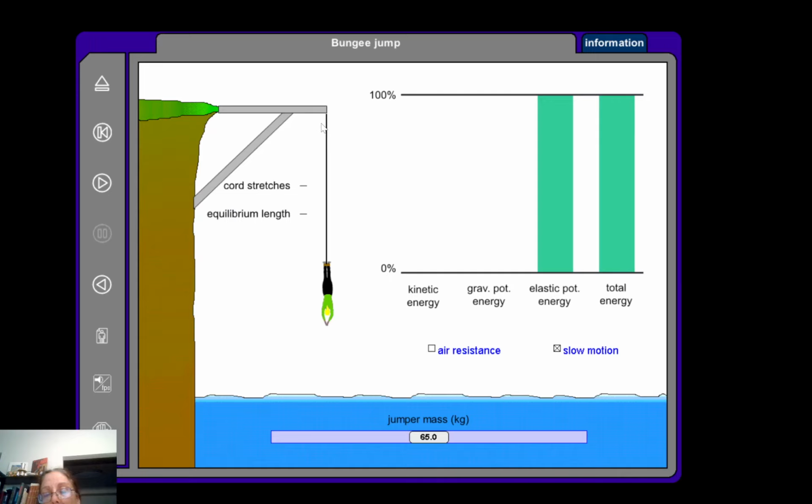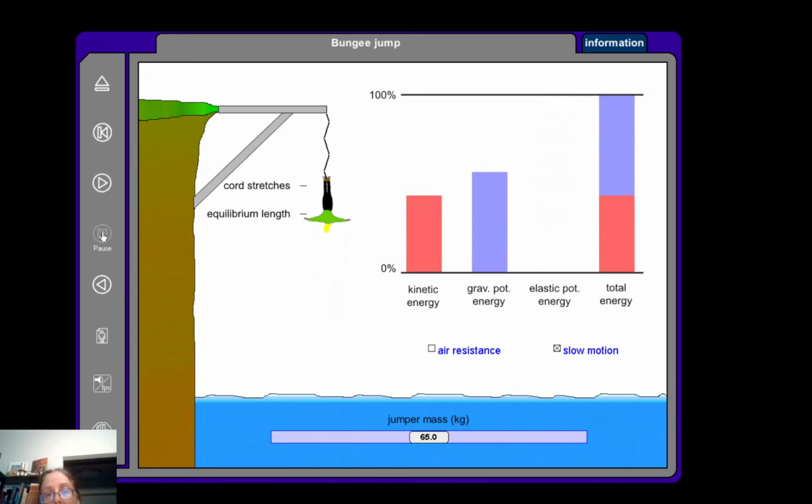So between the beginning and the end, all the potential energy the person had to begin with is going to turn into elastic potential energy. Okay? Let's start again.